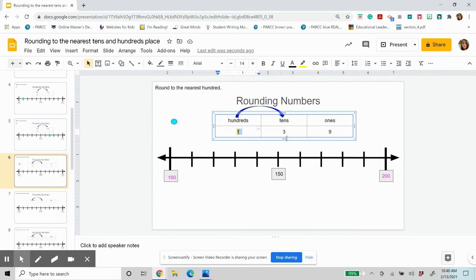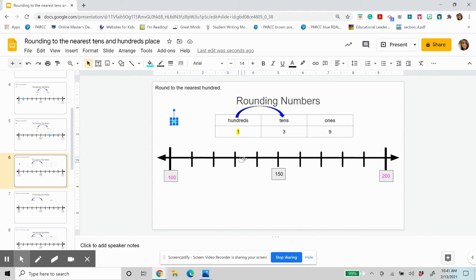And if we were to look at this on the number line, if this is 100, 110, 120, 130, 140, 150, this would be 130. So that's probably somewhere over here on the number line. It's definitely on this side of the number line.